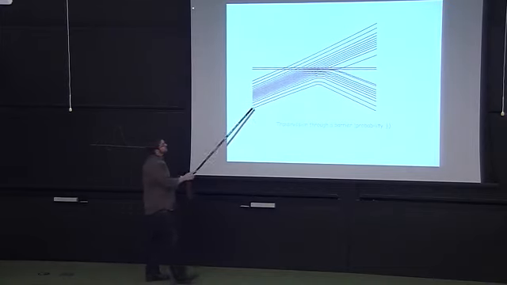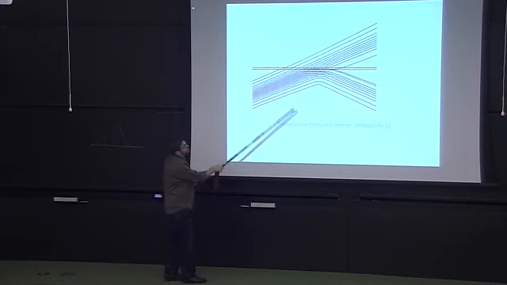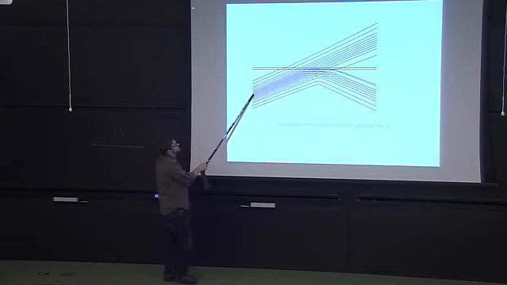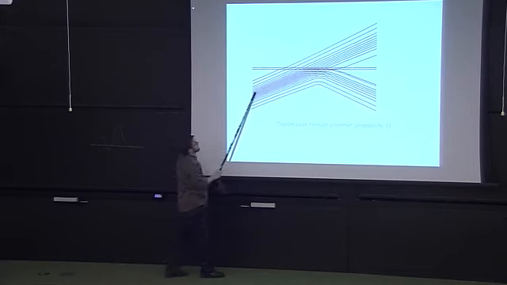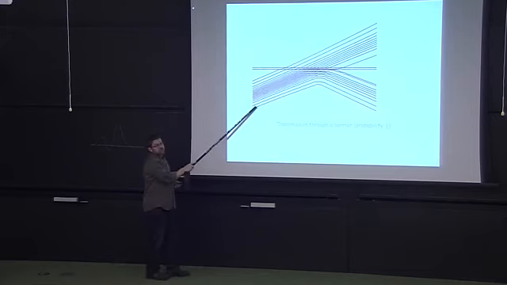And what you'll notice is that, in this case, the probability of transmission is a half. It's exactly the Bohmian trajectories that are in the leading edge of this Gaussian wave packet that are transmitted, and the ones that are in the trailing edge are reflected.